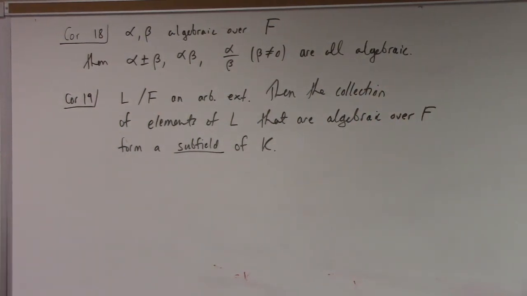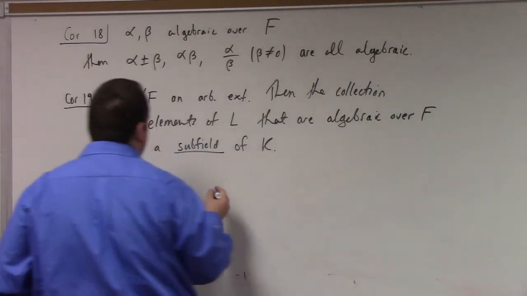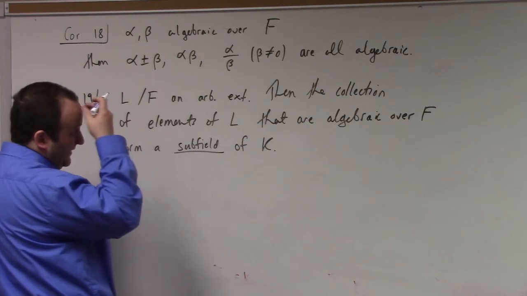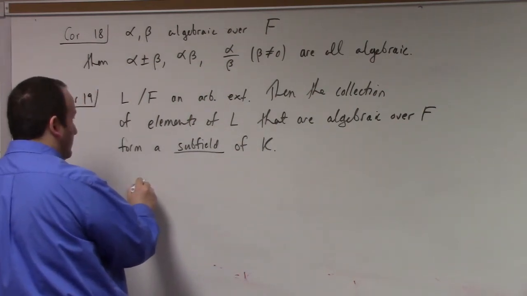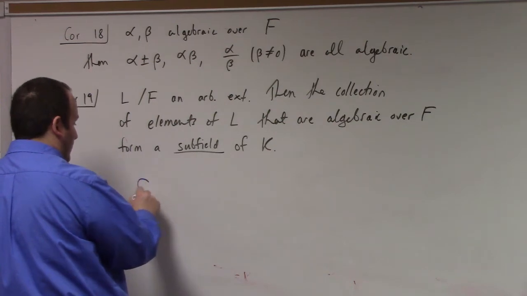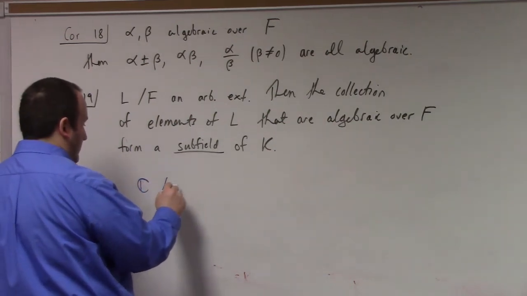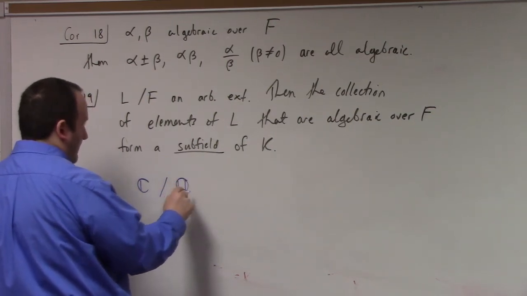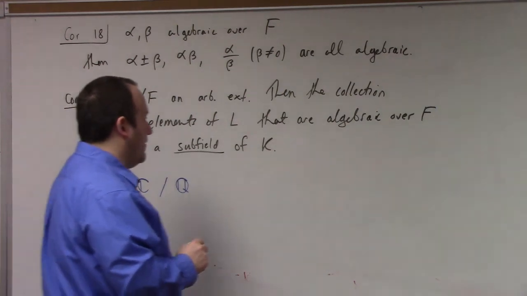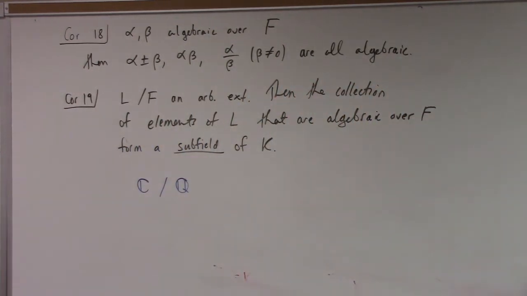So the most important example of this is if we look at complex numbers over, I don't know, the rationals. Then this says that the collection, oh, everything's algebraic.